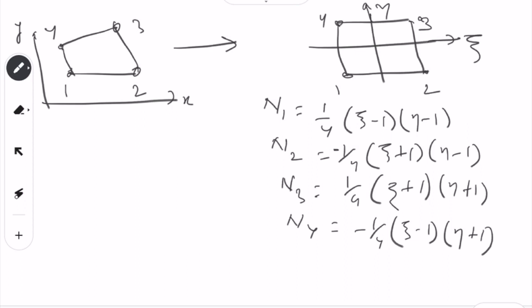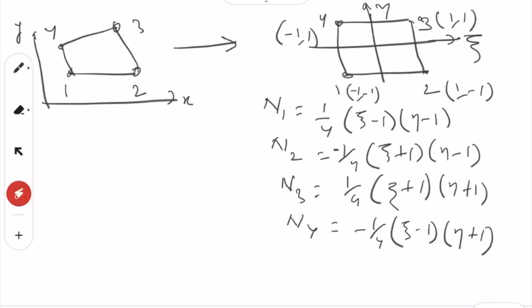So we have the N's, and we have transferred from here to here. The nodes will be at (minus 1, minus 1), (1, minus 1), (1, 1), and (minus 1, 1). So we have transformed the axes.